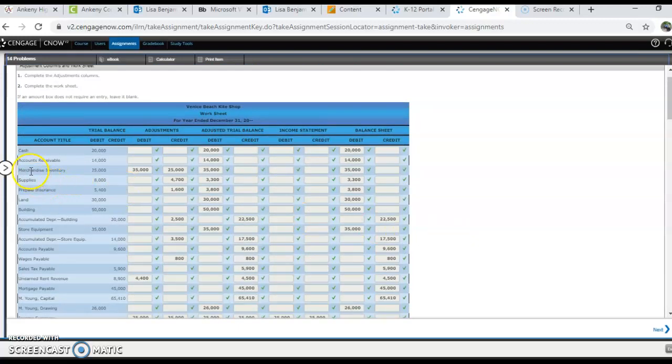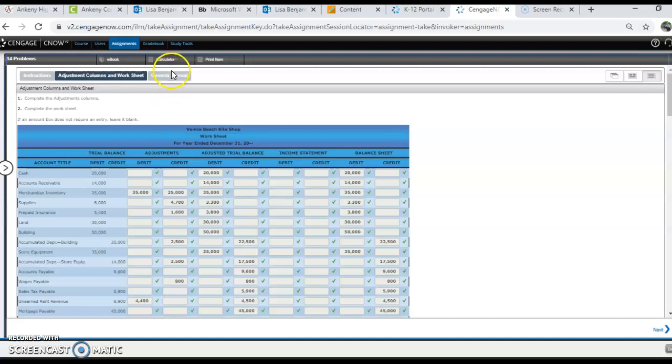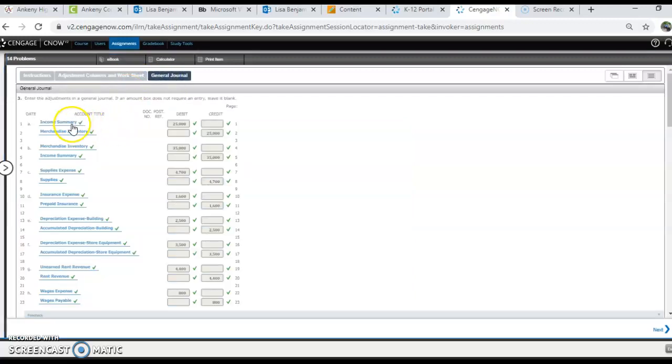Okay. You will need to journalize then these adjusting entries. So the 25 and 25 is your A adjustment. So your debit is to income summary and credit to merchandise inventory for your first journal entry. Okay, so we're going to look at what that looks like. So you got income summary, merchandise inventory.